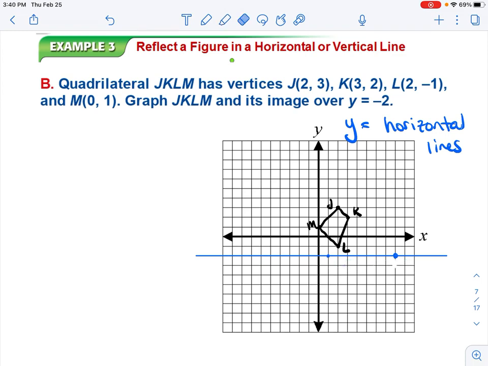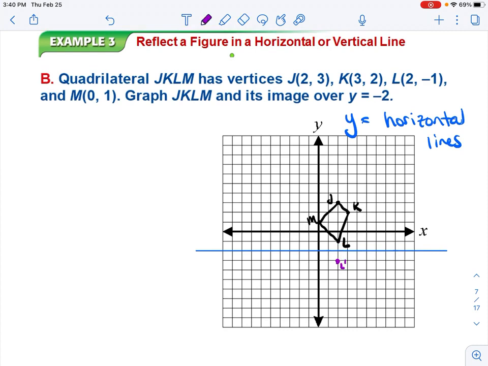Okay? So from here, we can go ahead and reflect across. This time we're counting down to this line. L is 1 box away, so we go 1 box down for L prime. K is 4 units away, so we go down 4 more for K prime.